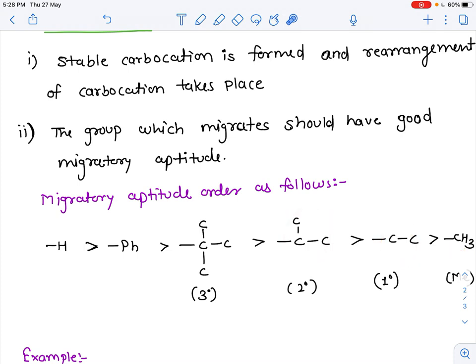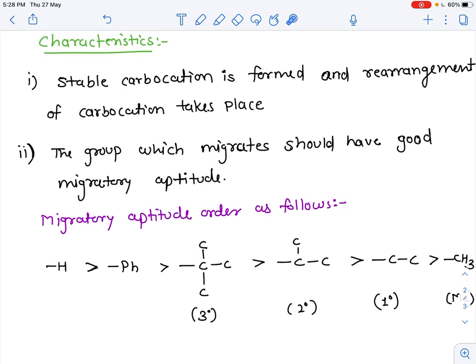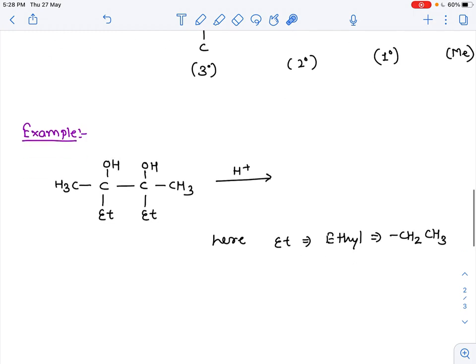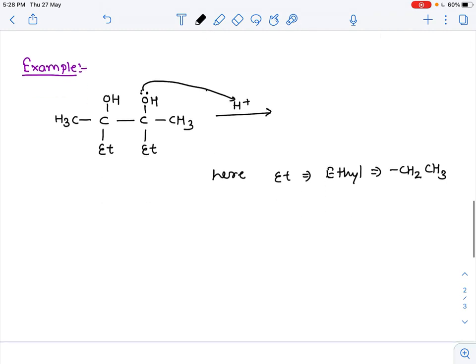Clear? Now we'll understand this Pinacolone rearrangement reaction by an example. Okay, in this you can see very carefully, same thing, oxygen will donate the lone pair to this H plus, and here we will get what? An intermediate, this one: Et C OH2 plus CH3 Et.